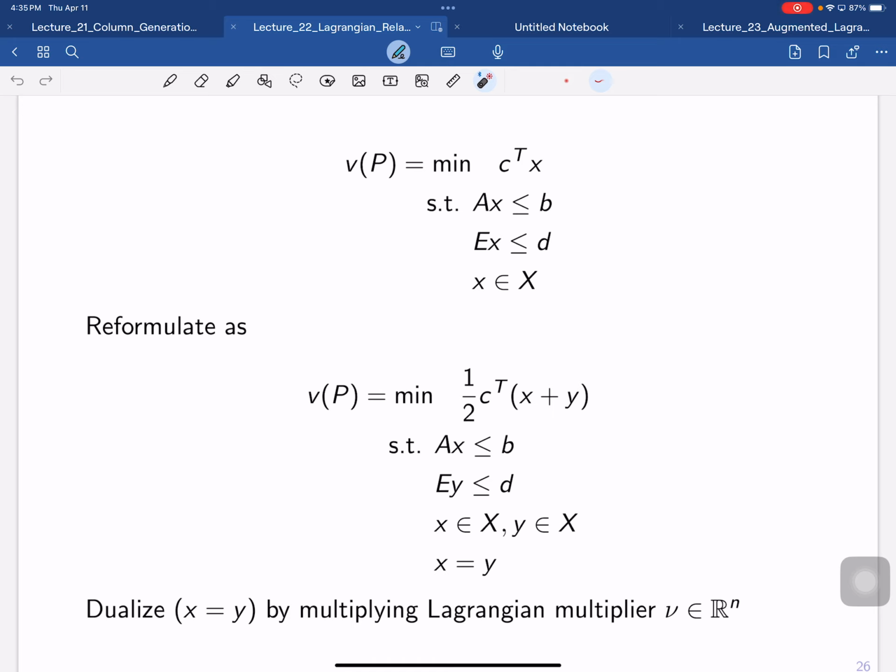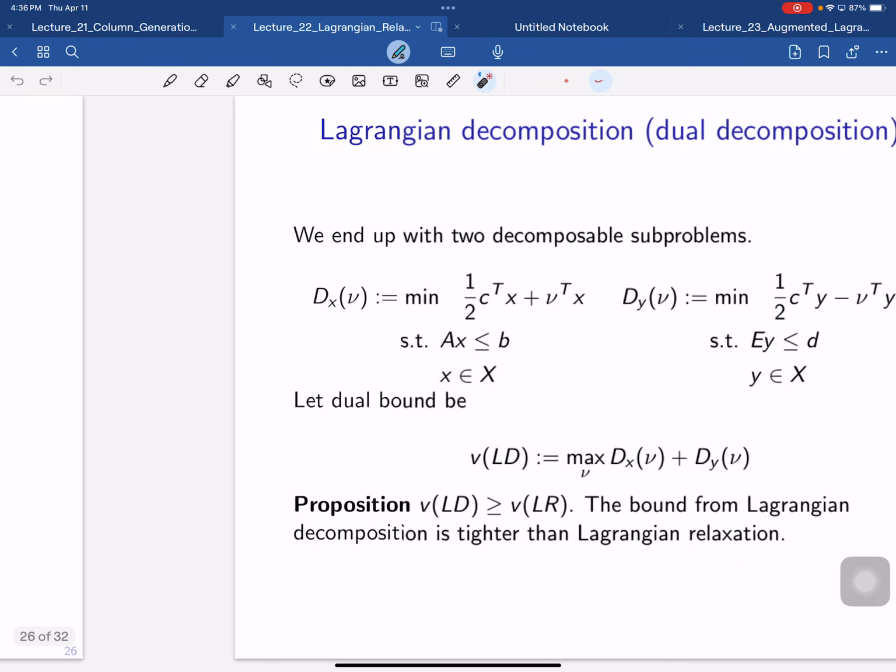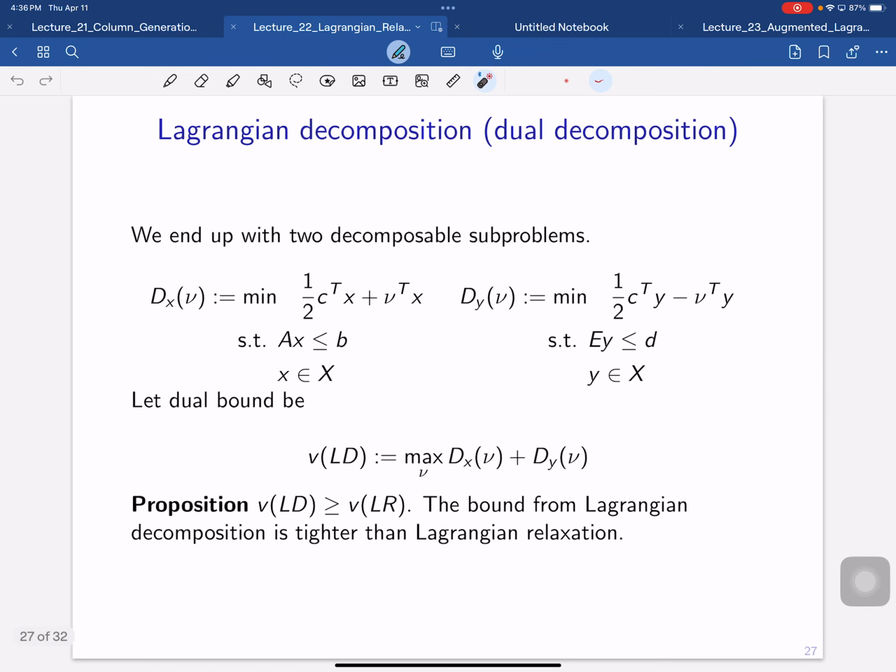So in order to apply Lagrangian, one way you can do that is dualizing x equals y. So now the x equals y are like the complicating constraints in this problem. Once you remove these constraints, then x are separated from y. You can solve these two problems separately. So let's say if we dualize x equals y, let's say the Lagrangian multiplier is called nu.